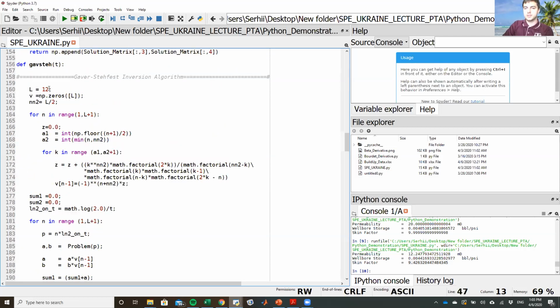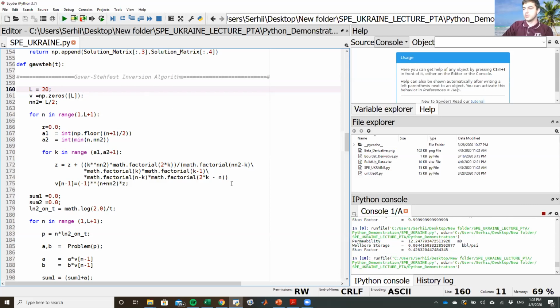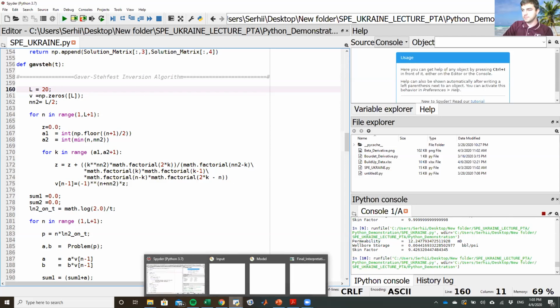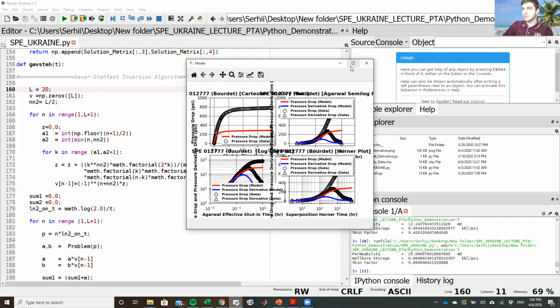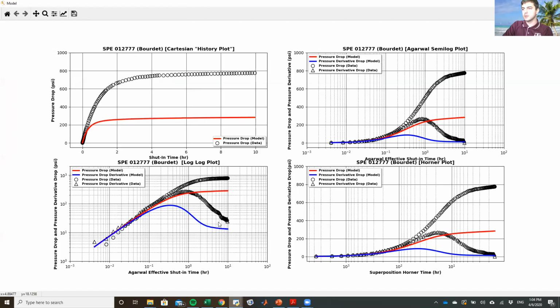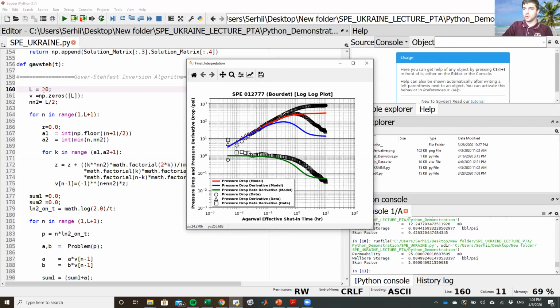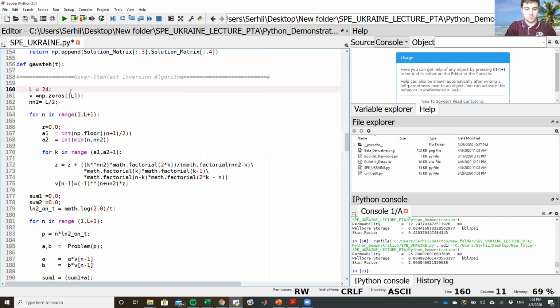Anyway, let's see if we increase the number of terms in the Gaver-Stehfest algorithm. What's going to happen if you have like 20 of those? I just want to show you how it will diverge. You see, we are not getting a proper result, first of all, but let's increase even more. I just want to show you it failing completely.